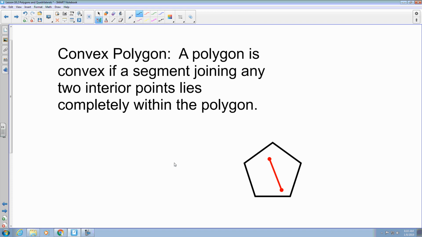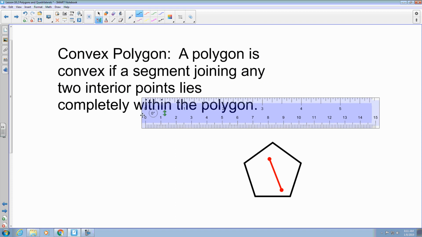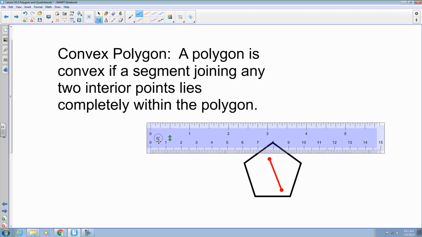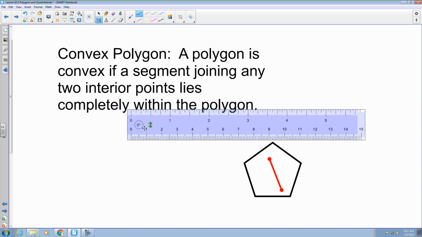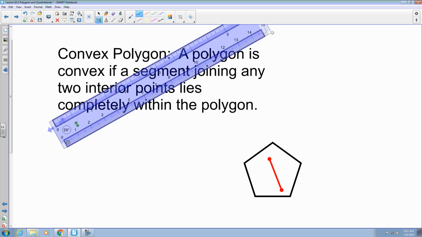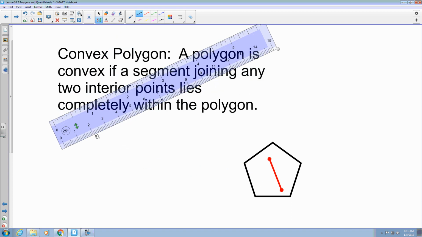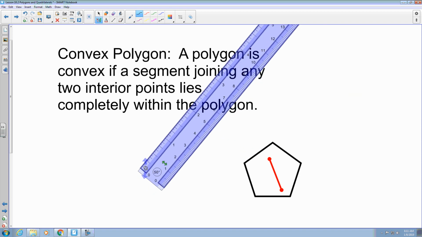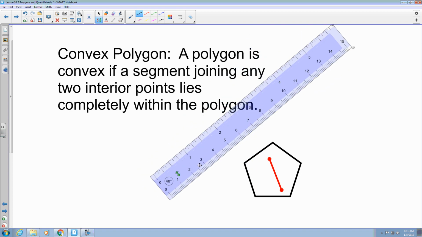So here is what I would like you guys to do in order to determine if a polygon is convex or concave. If you have a straight edge, I can rotate it like this. What you're going to do is take your straight edge and line it up with each side.